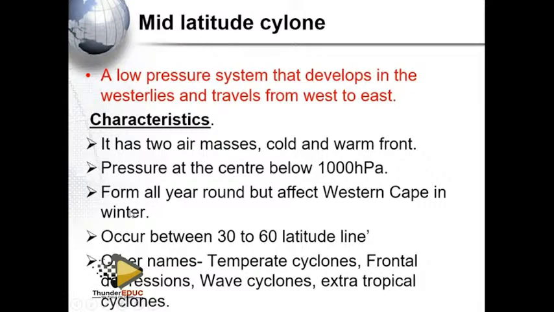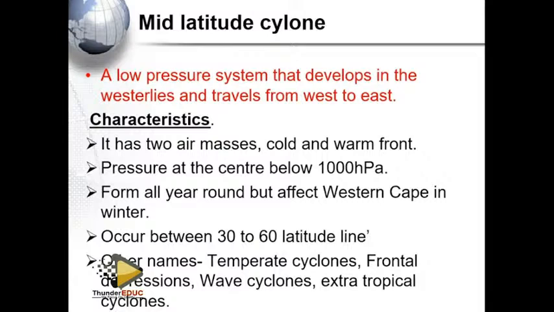It also says it forms all year round, but it affects the Western Cape in winter. Why do we say it forms all year round? Remember, this system moves with the apparent movement of the sun, or the ITCZ.